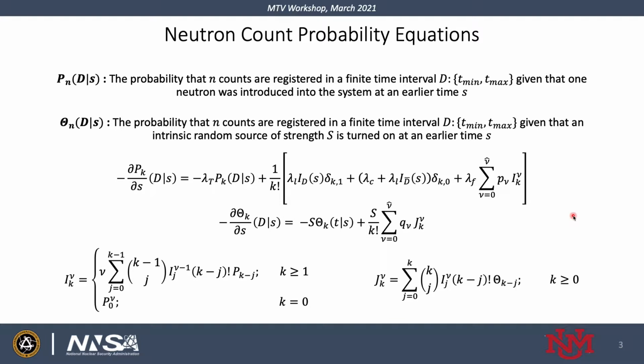By conducting a probability balance of all independent mutually exclusive events, we were able to derive backward master equations for both quantities. You probably saw this in some of our previous presentations, where applying the generating function transformation and taking the kth derivative evaluated at z equals 0, we get the equations for P and theta that you see here.